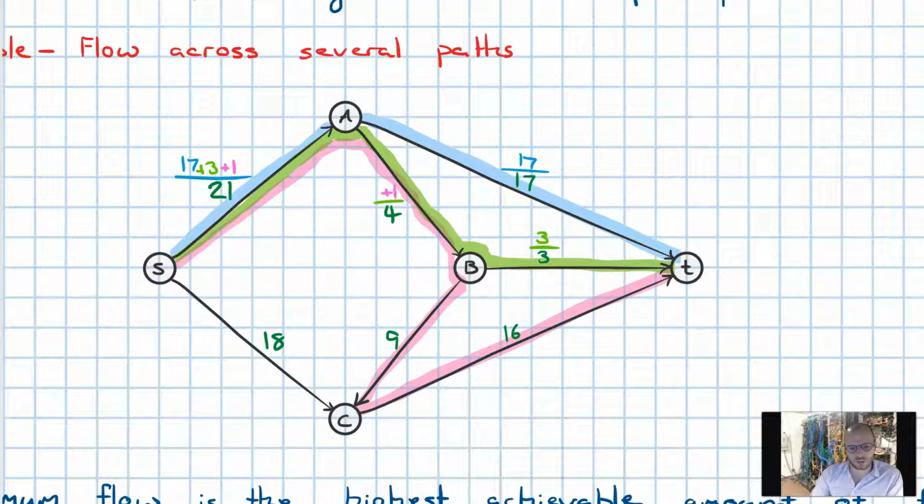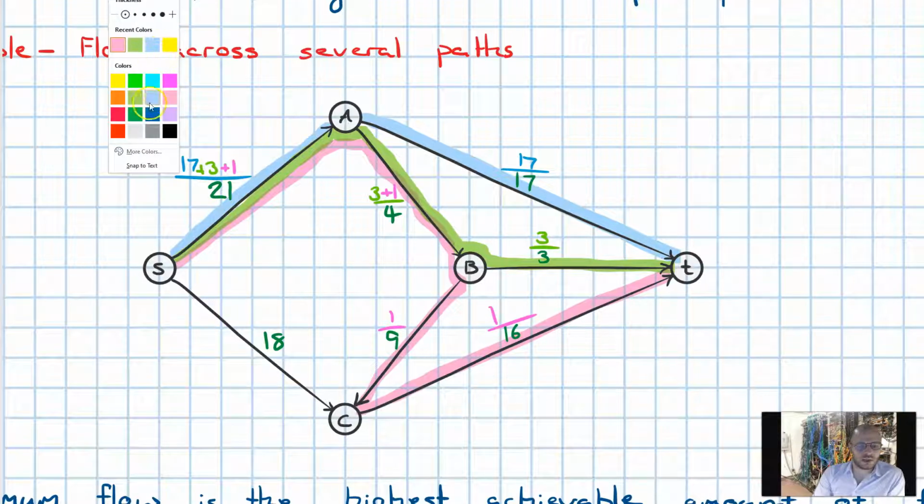We'll go plus 1 here, just move the 3 over. We're going to get 1 across this arc, and then we're going to get 1 at this point in time across here. Okay, so we've been able to saturate this particular arc over here, this arc here, and this arc here. Let's see what we can do to saturate this arc.